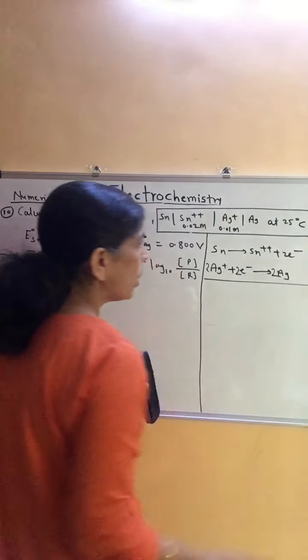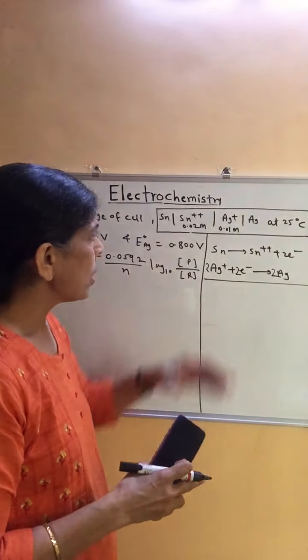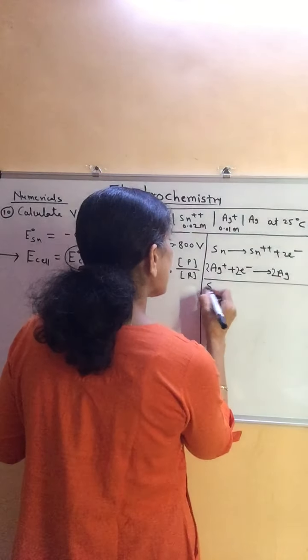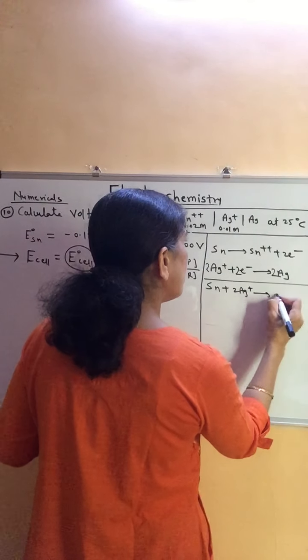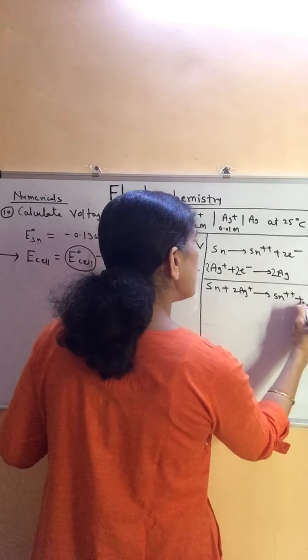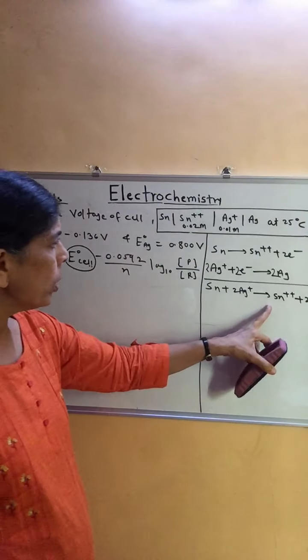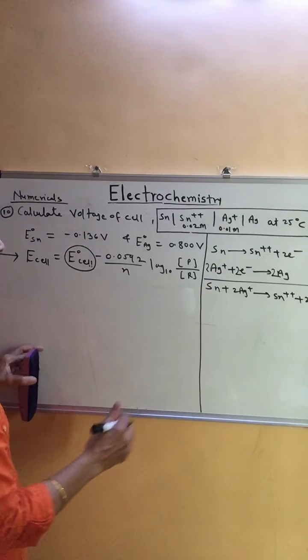Now if you add, you will get the complete cell reaction. These are the half cell reactions which we have written. So what is the complete cell reaction? Sn plus 2Ag+ giving Sn2+ plus 2Ag. Now we can substitute these reactants and products in the formula.